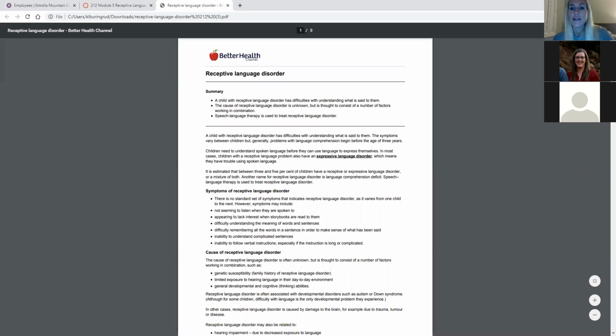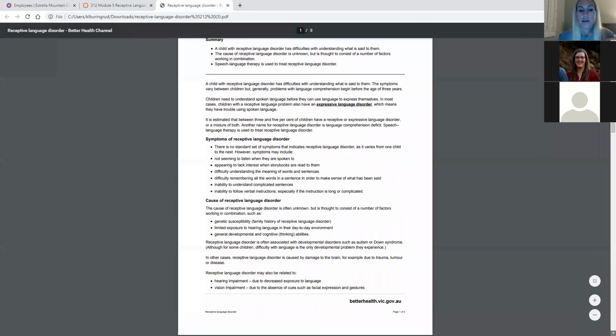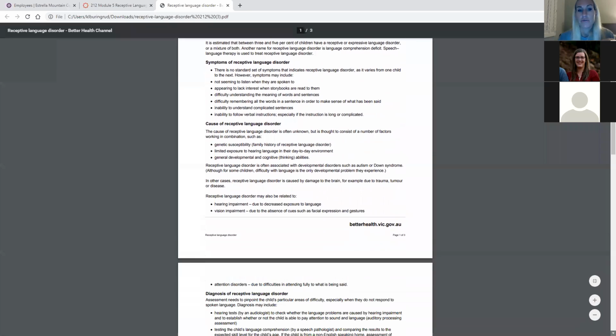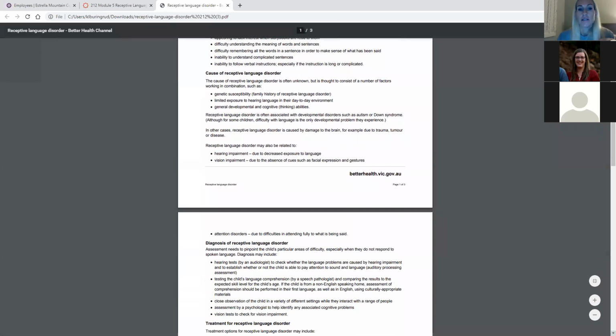But I just like it because it gives you a good summary of some of the things. And the other thing I like about this one is what are some other related things that we need to be sure to rule out. If I say somebody has a receptive language disorder as an SLP, I need to also check, do they have a hearing impairment and a vision impairment?